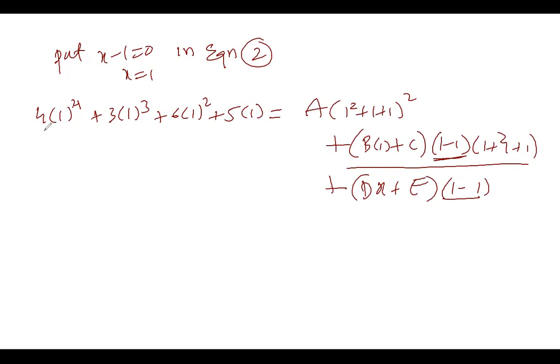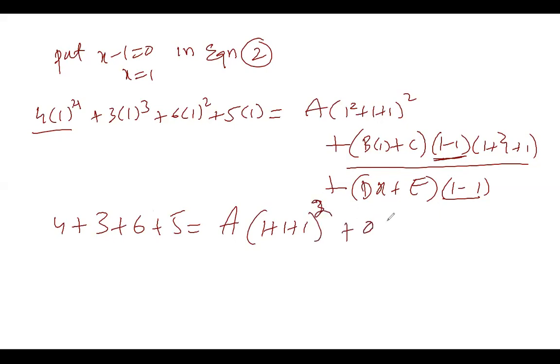Okay, so what will we have? 4 plus 3 plus 6 plus 5 is equal to a into 1 plus 1 plus 1 square plus 0 plus 0.